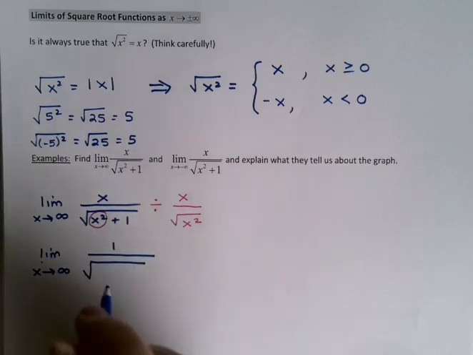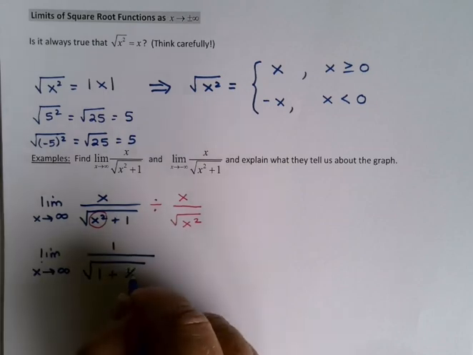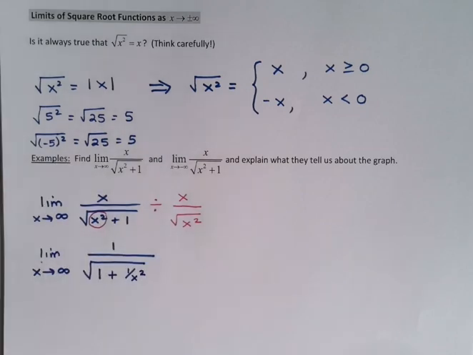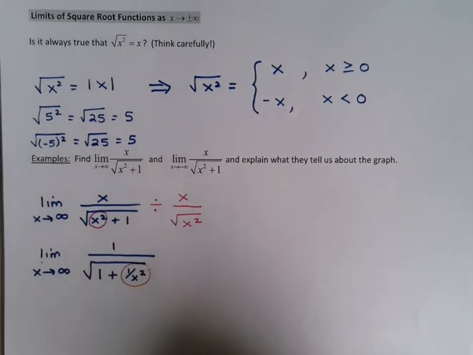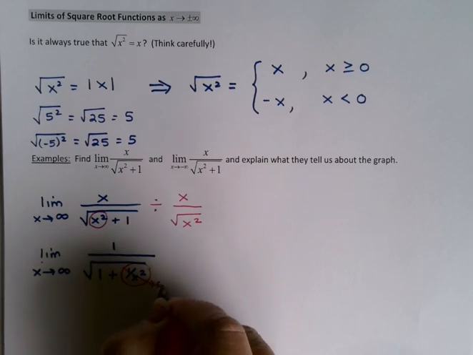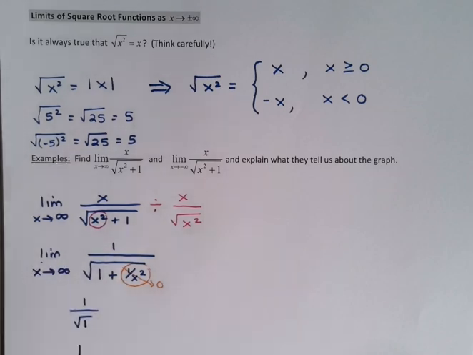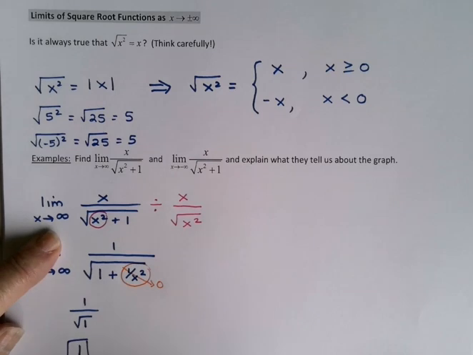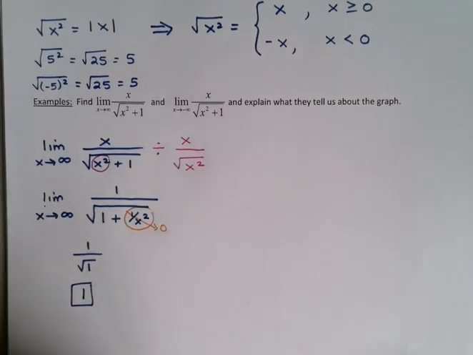So x squared divided by x squared is 1, plus 1 divided by x squared, all under that square root sign. And as x goes to infinity, a finite number divided by something really large goes to 0. So I'm going to end up with 1 over the square root of 1, or just 1. The limit is 1. And on the right, we have a horizontal asymptote at y equal to 1.